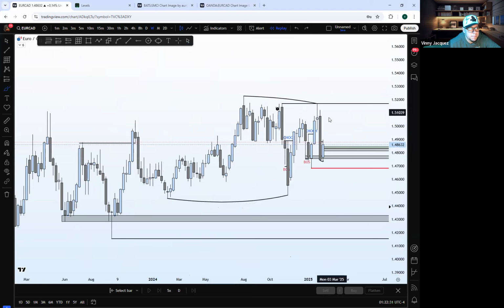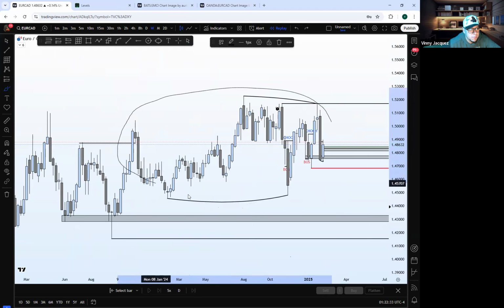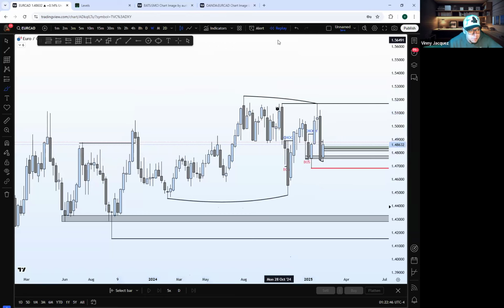What do you guys see? Yes, liquidity is being built up, right?